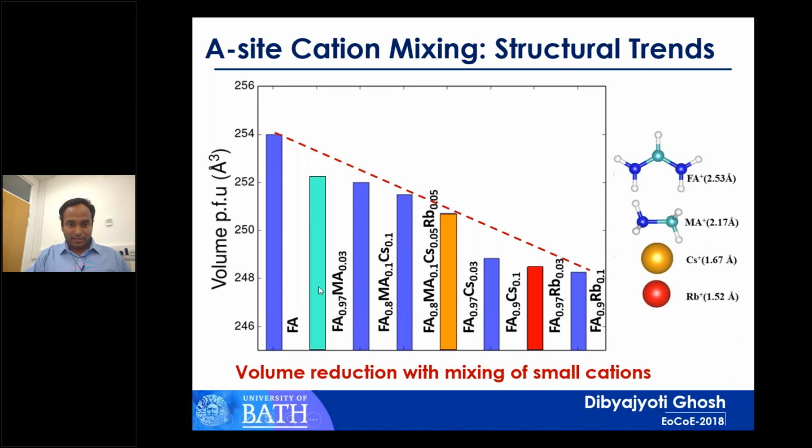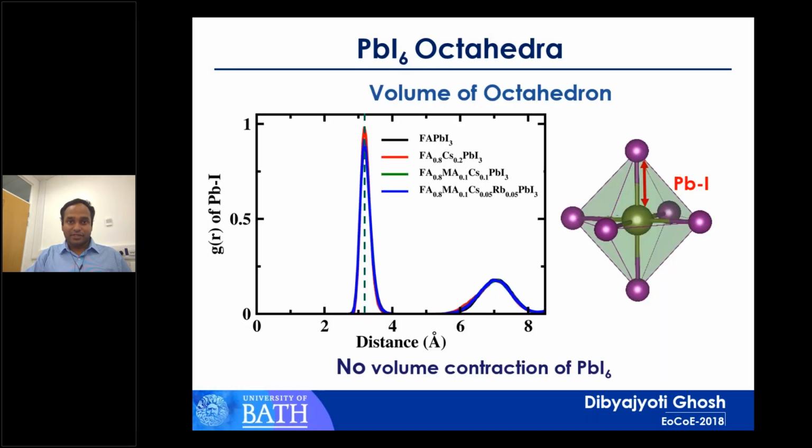If you take these three bars, you can see the amount of contraction in the volume directly depends on the size of the A-cation which is getting substituted. For example, cesium is much smaller than methylammonium, so you have a much larger contraction in the volume.